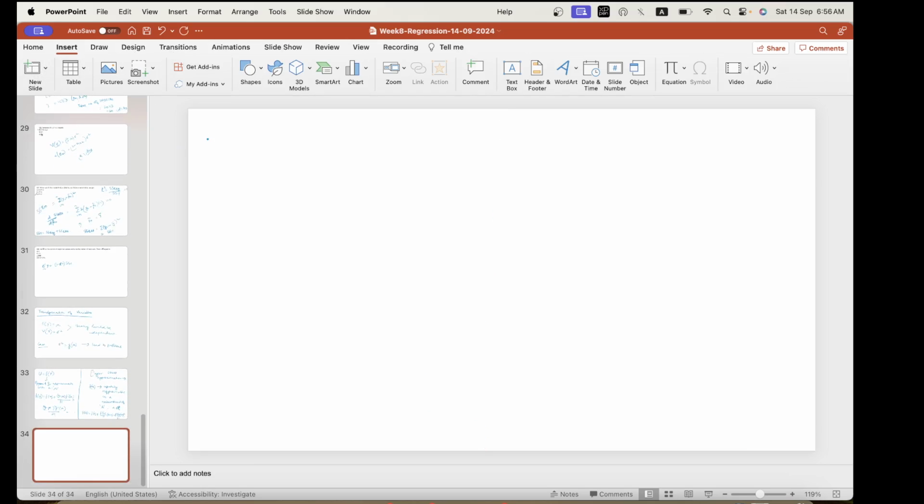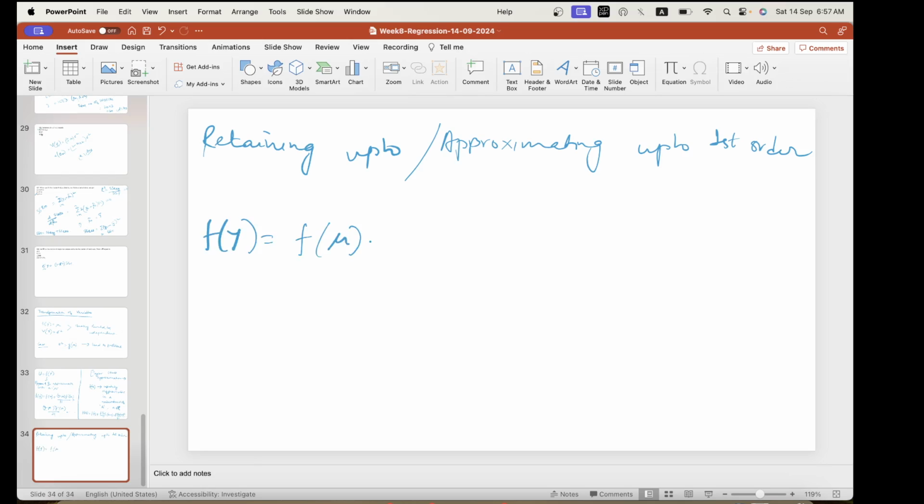Now retaining, or approximating, up to the first order differential, we can write f of y as f of mu plus y minus mu into f prime mu by 1 factorial, retaining up to the first order.